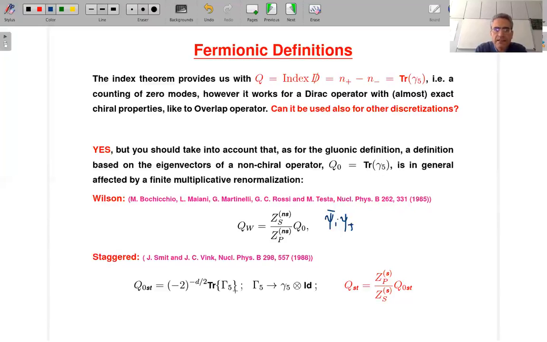So you can take the trace of this gamma 5, and also in this case you have a multiplicative renormalization, which is given by the following expression. Now in this case the renormalization constants that appear here are the ones related to the pseudo-scalar and the scalar renormalization in the singlet sector of the staggered fermions.